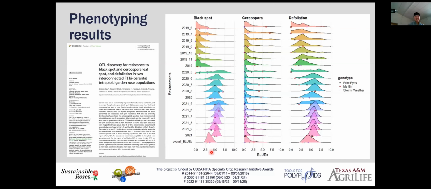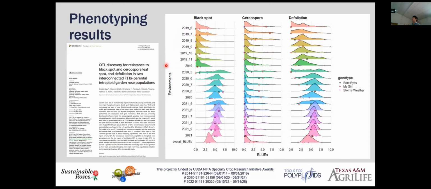On the x-axis is the phenotypic scoring from 0 to 9. It says 10 there, but that's just the end of the axis. We took the data monthly over the course of 3 years. So this would be the distribution of black spot in 2019 in the 6th month, in the 7th month, and so on. And the year would be the yearly BLUEs, or the yearly average of the phenotypic distribution.